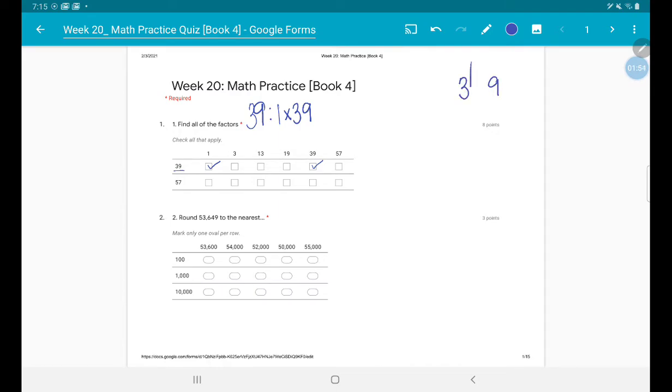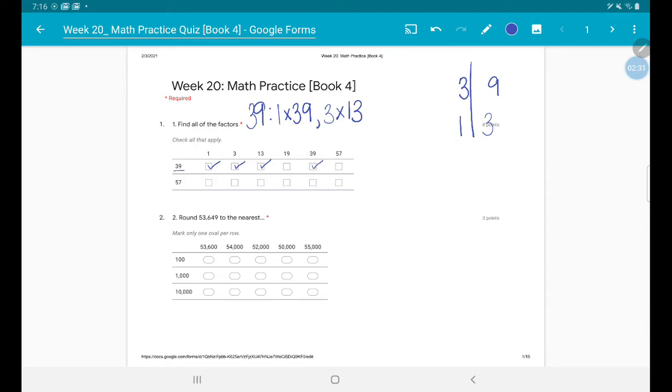I'm dividing 39 by 3. 3 divided by 3 is 1. I do not have any left over. So now I divide my ones. 9 divided by 3 is 3, and I do not have any left over. So 3 times 13 equals 39. So 3 is a factor, and 13 is a factor.